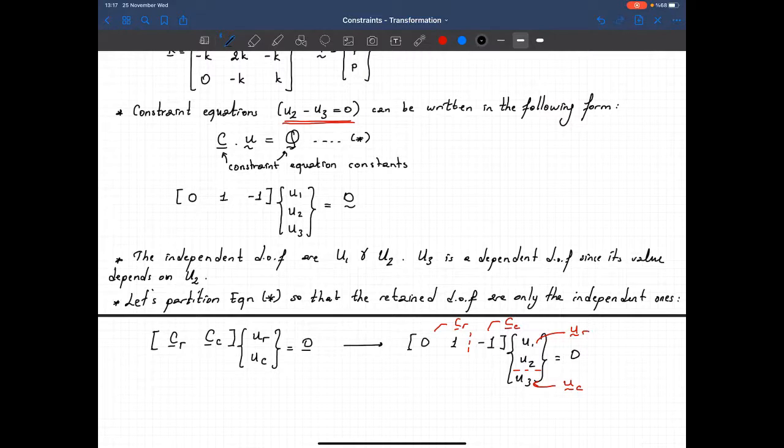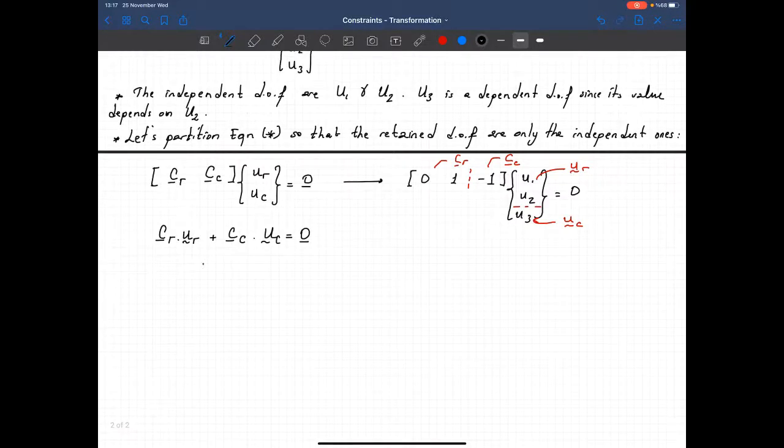Now, I'm multiplying this with this one. CR times UR plus CC times UC is equal to 0.